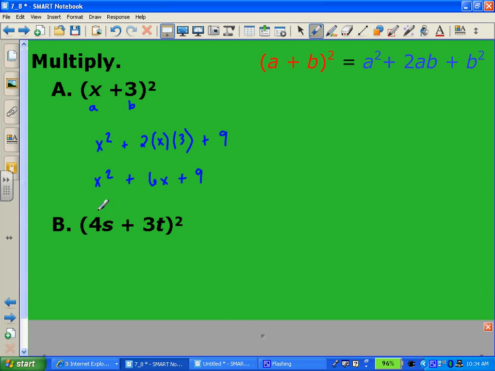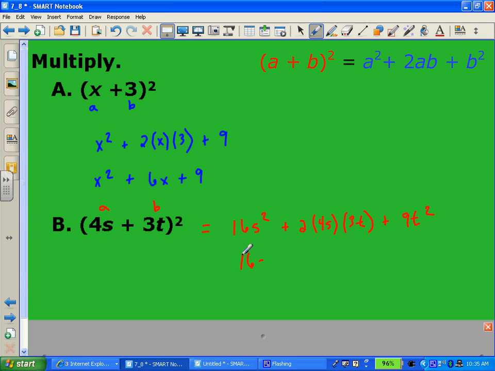If I was doing this one, again I would identify what a and b are. So a squared would be 4s squared, which would be 16s squared. Then 2 times a times b. And then b squared would be 9t squared.